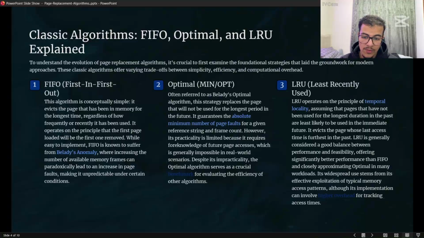LRU is generally considered a good balance between performance and feasibility, offering significantly better performance than FIFO and closely approximating optimal in many workloads. Its widespread use stems from its effective exploitation of typical memory access patterns, although its implementation can involve higher overhead for tracking access times.